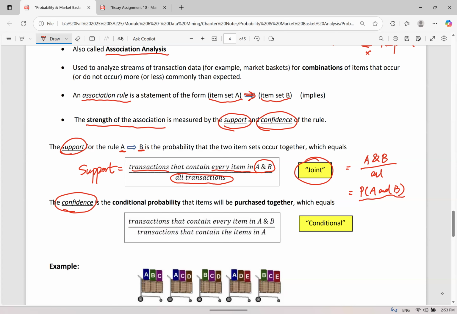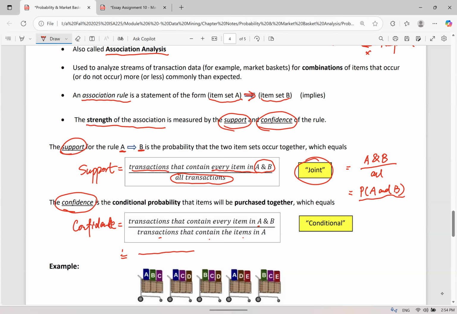Now let's look at the other criterion. What is the confidence? We say the confidence is the number of transactions that contain every item in A and B, divided by the number of transactions that contain the items in A. Let's make it short. What is the bottom?